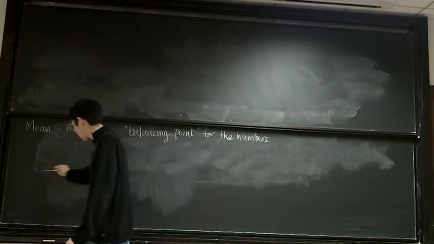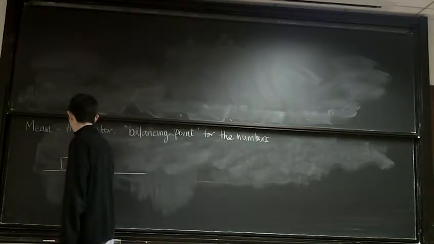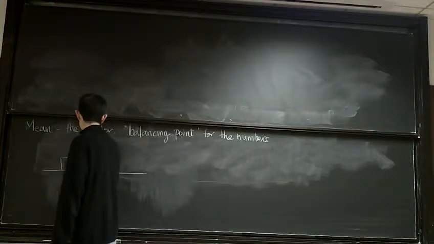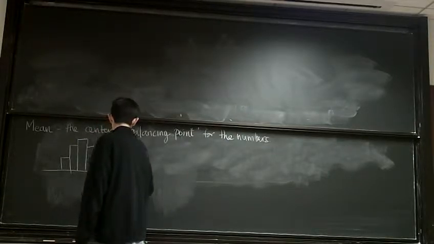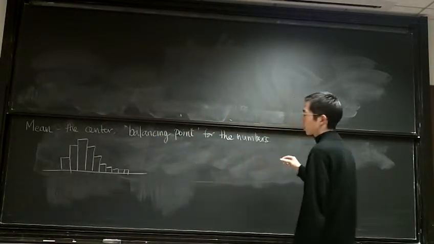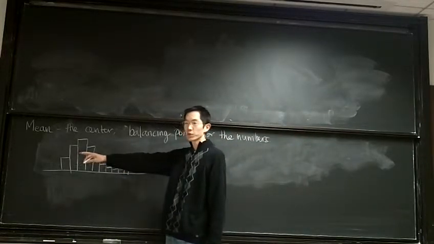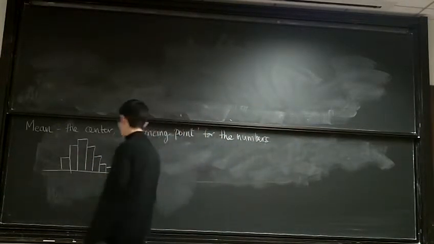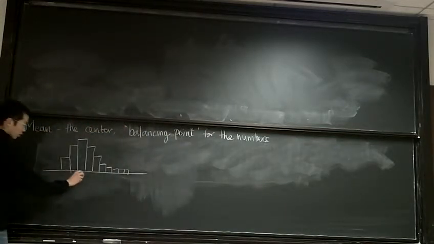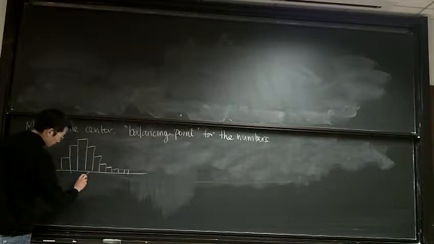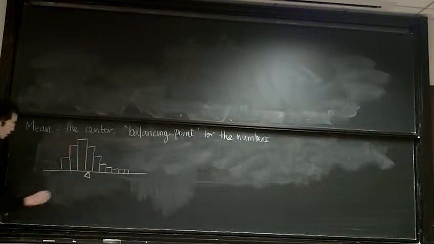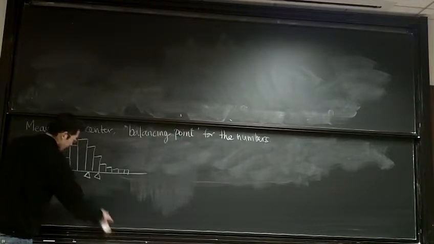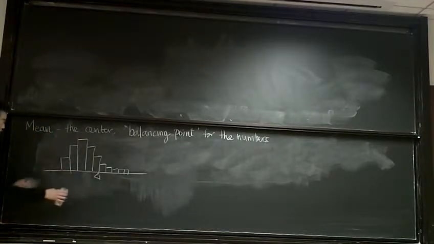So if you have a histogram that looks something like this, just imagine that we are trying to put this shape on a seesaw, and we want to know where to put that fulcrum, that little triangle, so that the object stays balanced. If I put the triangle here, this thing will probably tip over.